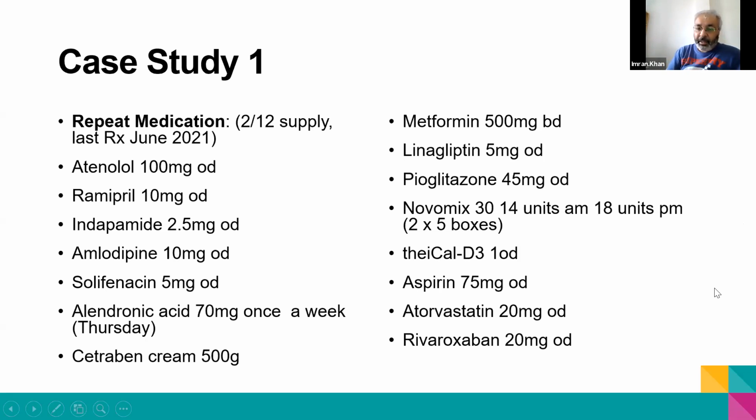They're on insulin, and they tell you at the SMR they're currently using 14 units in the morning, 18 in the evening. They're on the iCal, aspirin, atorvastatin, and rivaroxaban.